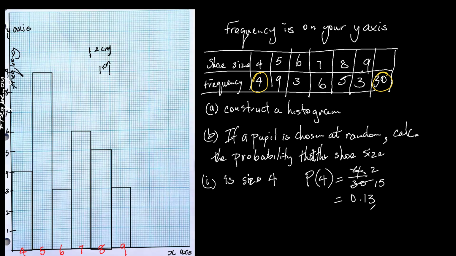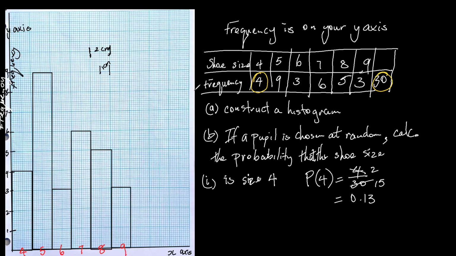Anybody lost? No, sir. All right, good. All I wanted to hear was 4 over 30. That is all I was looking for. 2 over 15. All right.